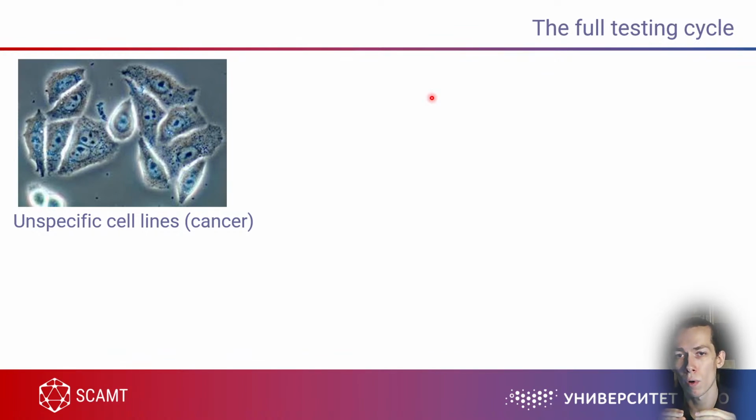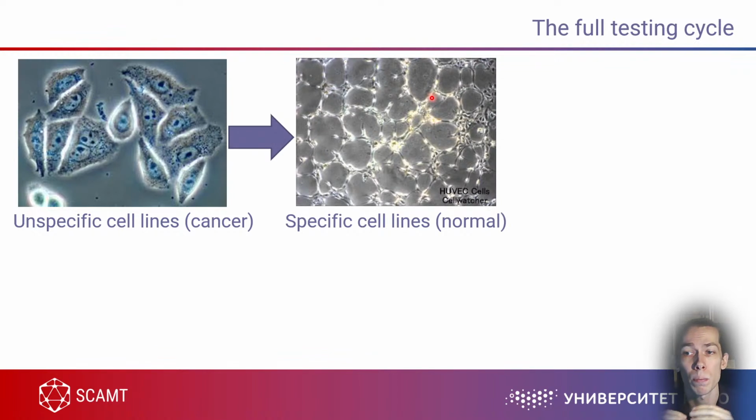But if for an unspecific cell line your nanoparticle is non-toxic, you need to go further to some specific cell lines. For example, this one is the HUVEC cell line, human umbilical vein endothelial cells. It's the endothelial cells of our veins. If, for example, a drug is intended to be used intravenously, you obviously need to test its cytotoxicity on this specific cell line.